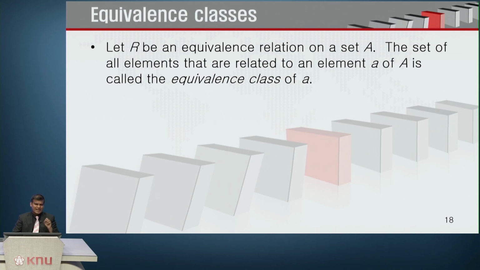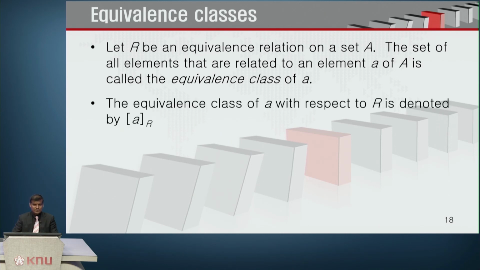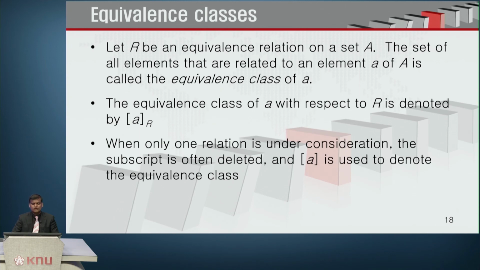Remember here a, the small a, is an element of the set capital A. The equivalence class of a with respect to R is denoted by a sub R. When only one relation is under consideration, the subscript is often deleted.